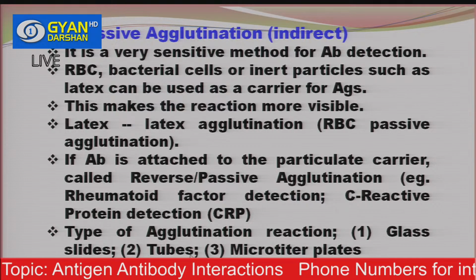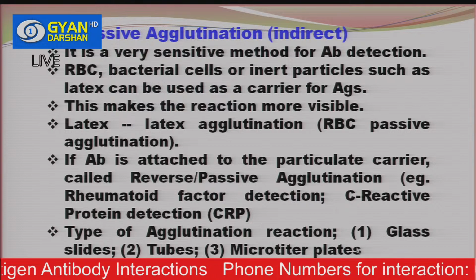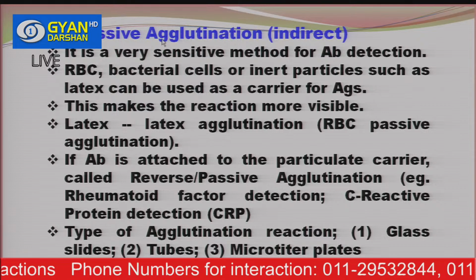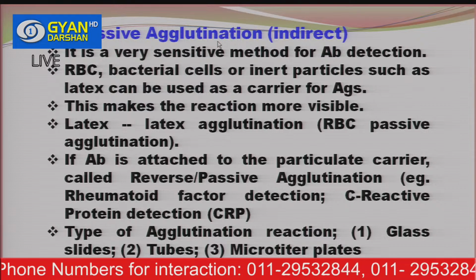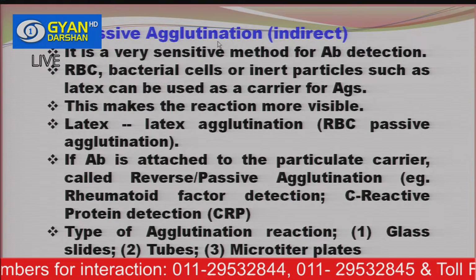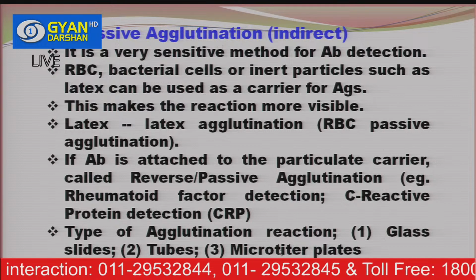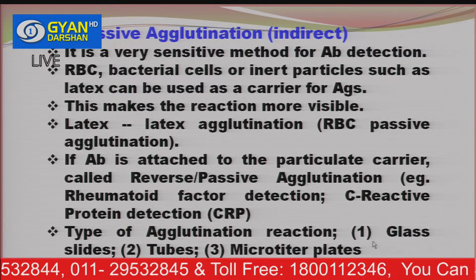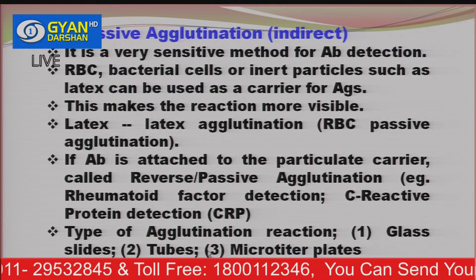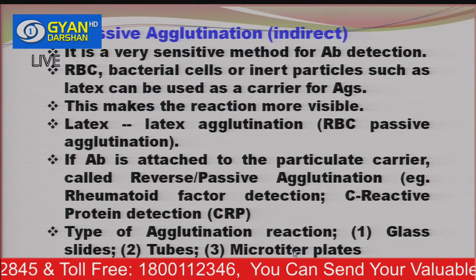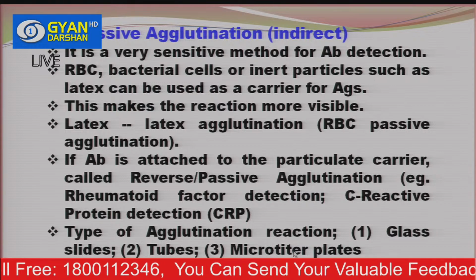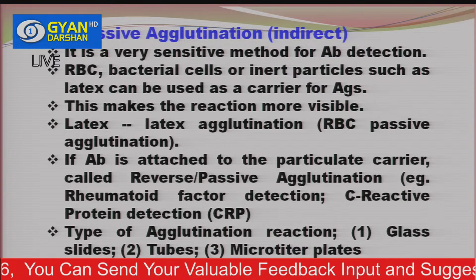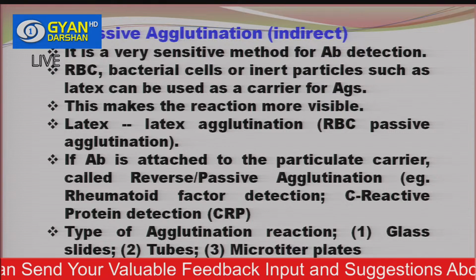We can utilize the test tube, we can utilize microtiter plates in passive or indirect agglutination tests. So there are three types of procedure or medium available, like glass slide, tubes and microtiter plate, which we can utilize for detection of different types of proteins, like C-reactive protein.